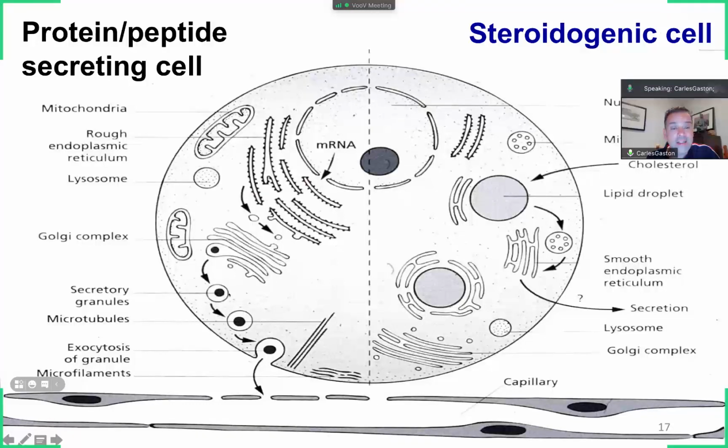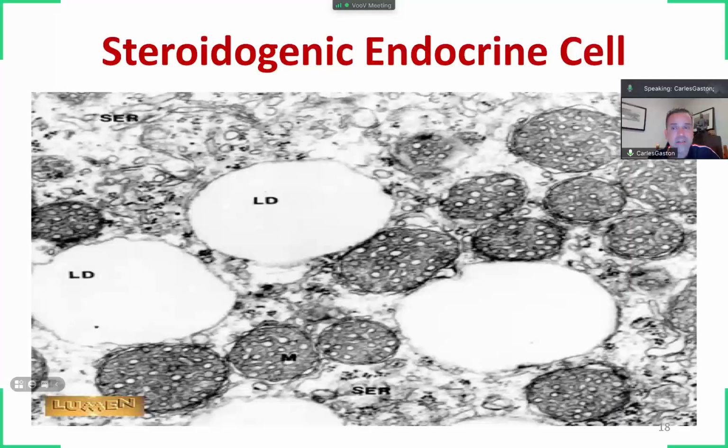Then this is further kept, right, into the smooth endoplasmic reticulum and in big droplets, which then can be secreted through lysosomes. Okay? So those are differences between the normal peptide secreting cells and steroidogenic cells.